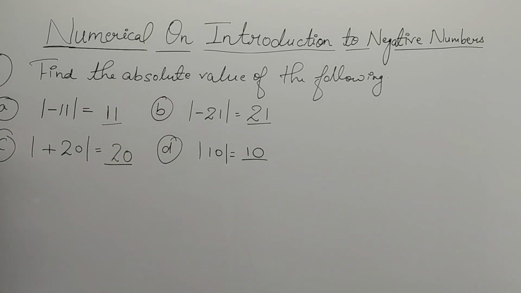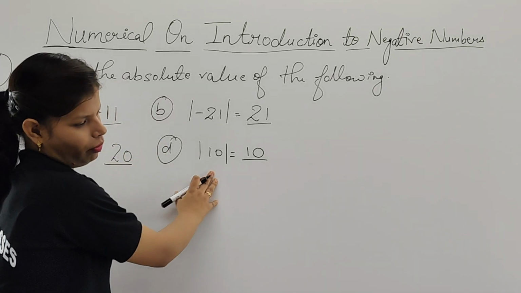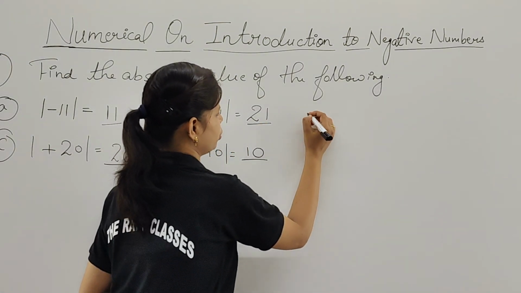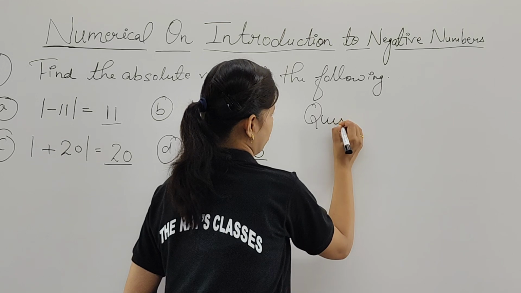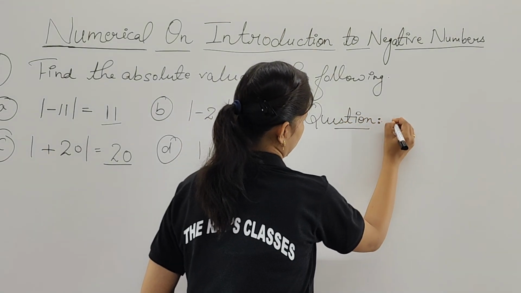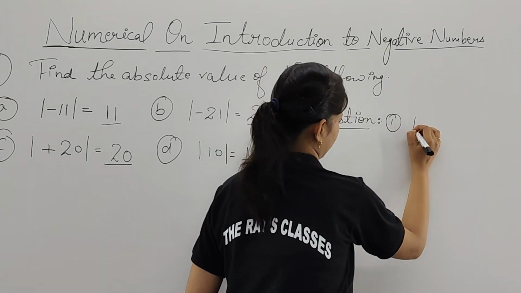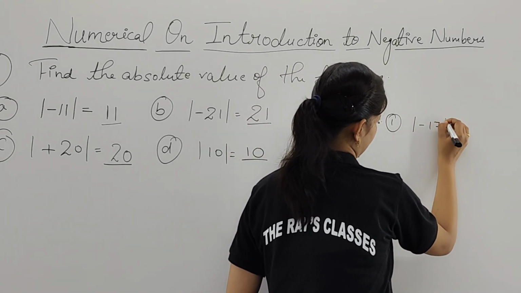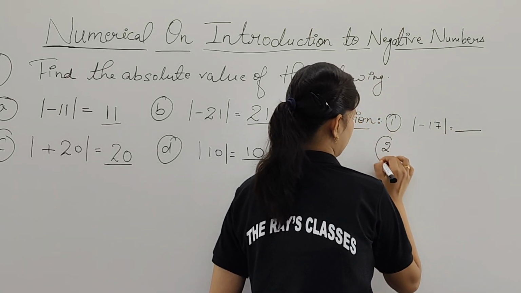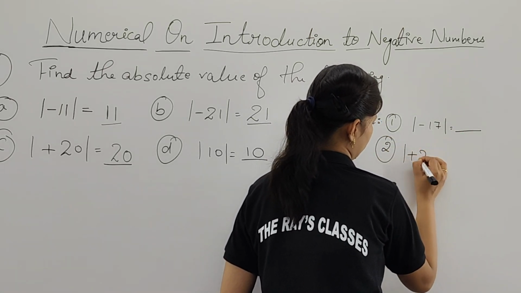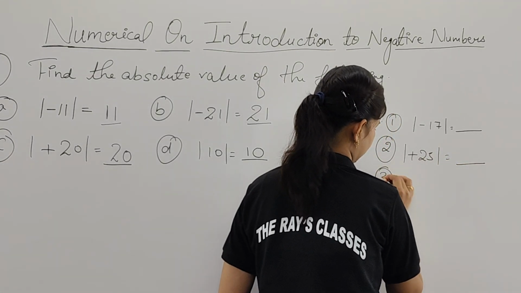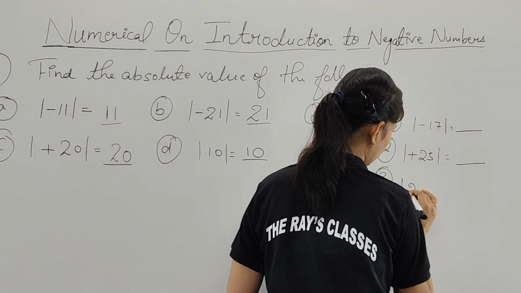That means when we are dealing with absolute value questions, the numbers which we get after this mod are always positive. Understood? Now, based on this, a few questions for you. You have to solve and give your valuable answers in the comment section. First question is minus 17. You have to write its answer. Second is plus 25. Third is only 2.